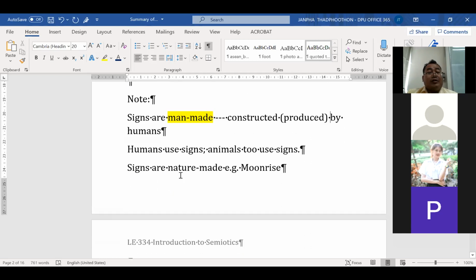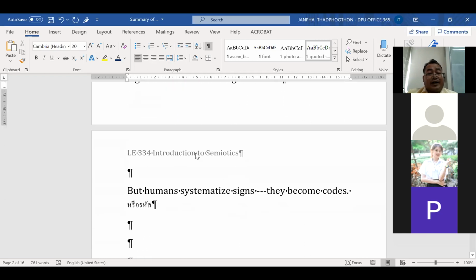And there are also natural signs like the thunders, the sun, the moon.